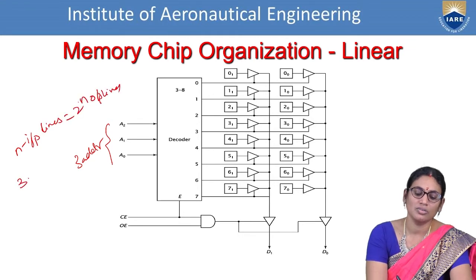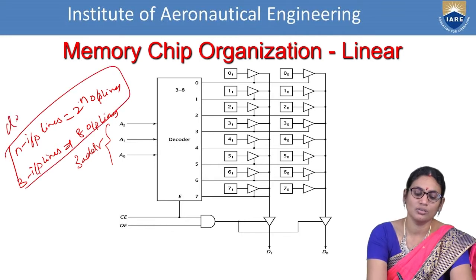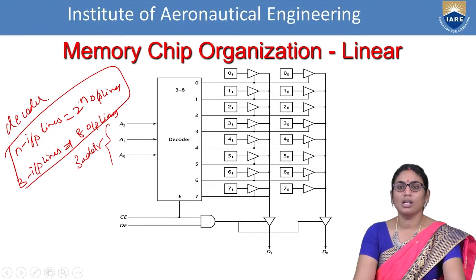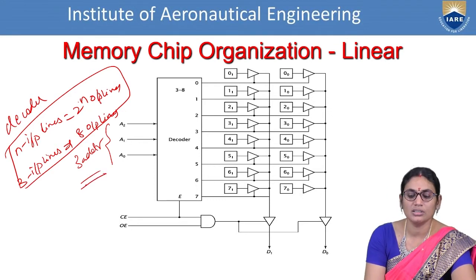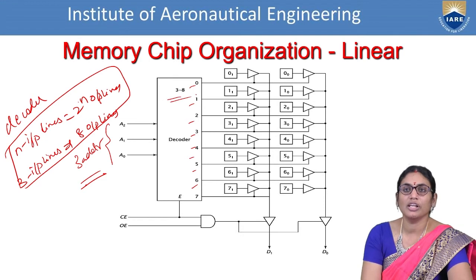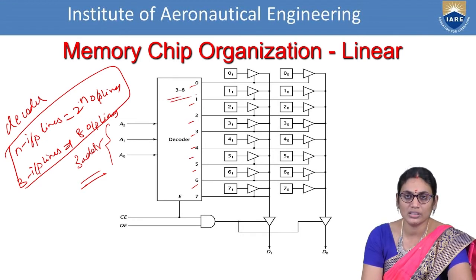With 3 input lines, we have 8 output lines. This is a combination of decoder. Now, we have 3 address lines generating 8 output lines. So this is called a 3 by 8 decoder: 3 input lines and 8 output lines.